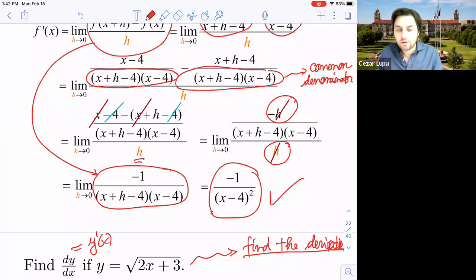It will be something involving 2x plus 3, I agree. But since we have a square root, maybe it will involve a square root.